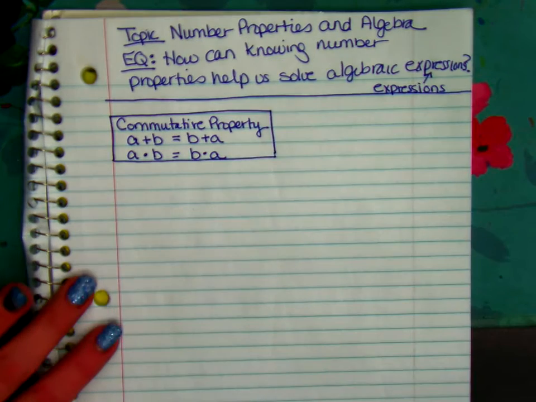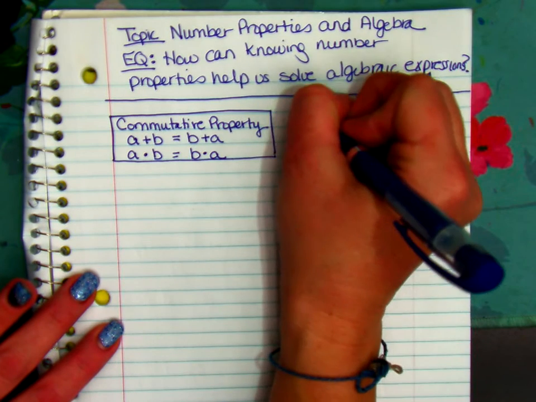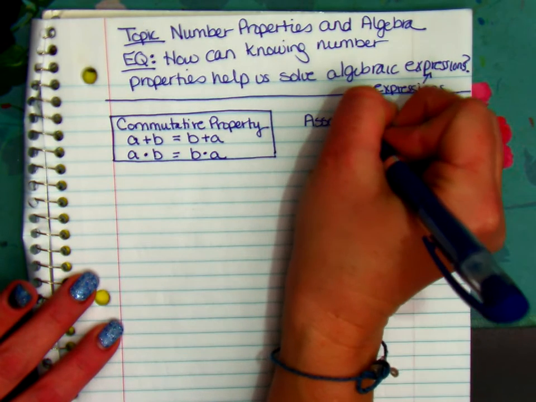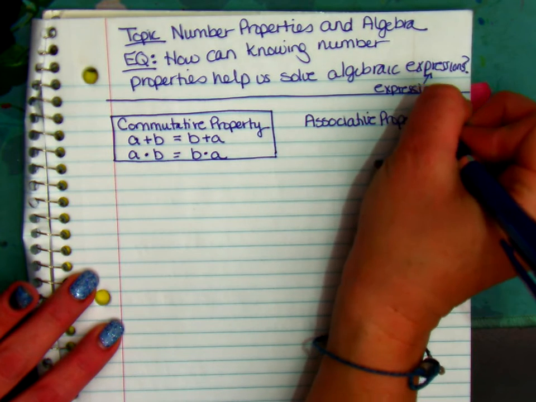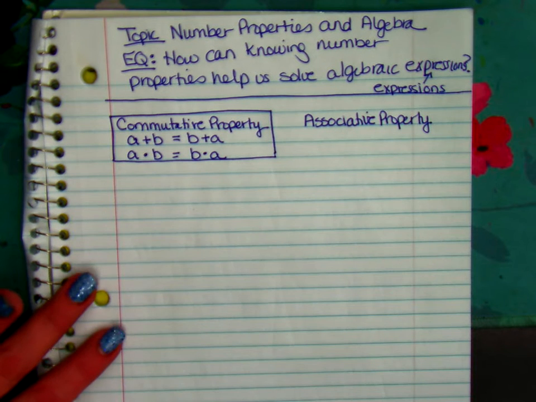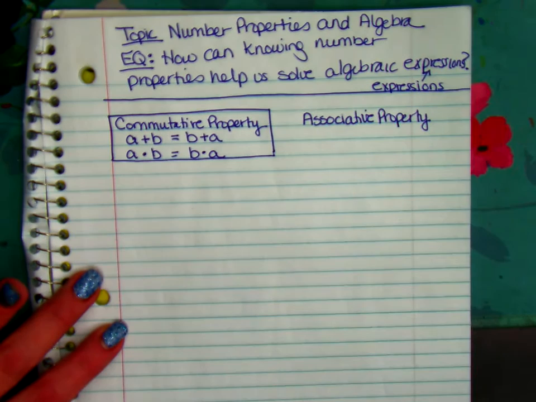The next property we're going to look at is the associative property. With the associative property, our numbers are associating with different numbers or different values, and they stay the same. This also applies only with addition and multiplication.